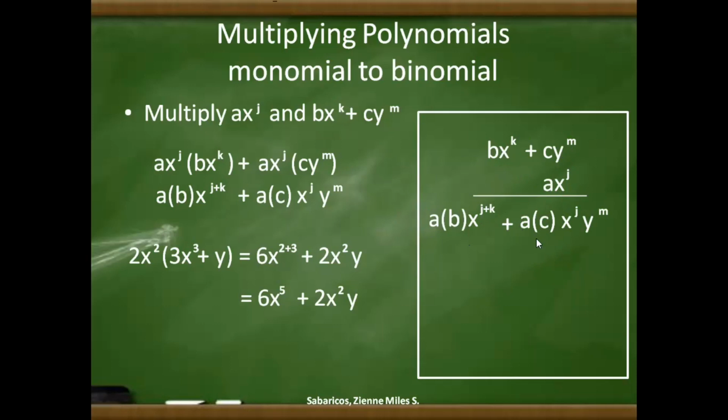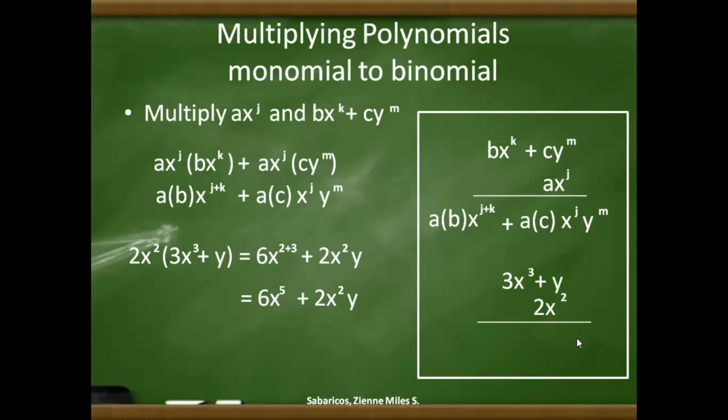So a times c, copy the variable x, and you copy its exponent because x and y are not the same, so you cannot add their exponents. So you can just copy x to the j, y to the m.